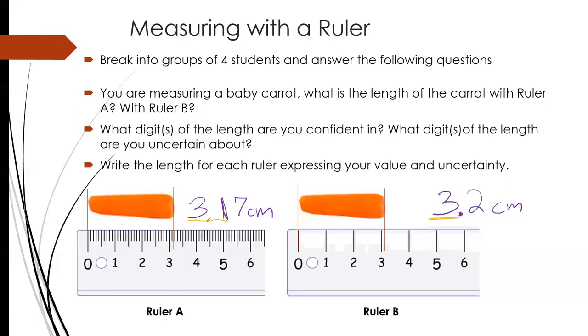These ones are our certain, right? There's no uncertainty about them. Those are definitely there because we can see them from the ruler. Whereas that 7 and that 2, this is where our uncertainty starts. It's where we had to make an educated guess.